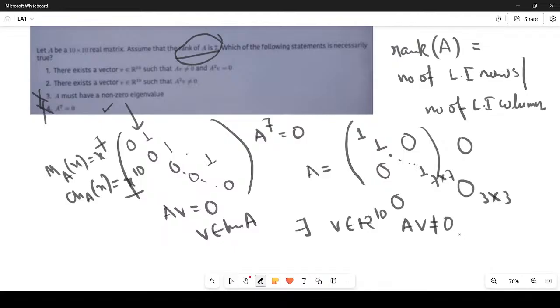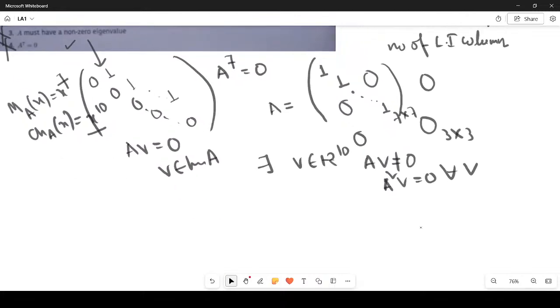If A squared v equals 0 for all v, then what will happen? Definitely A squared will be a null matrix, otherwise it cannot be 0, right? As we know, the minimal polynomial is the least degree annihilating polynomial, which divides the characteristic polynomial.